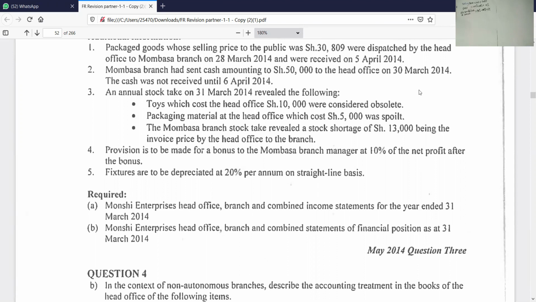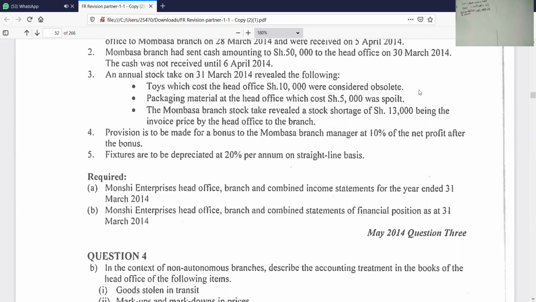So by the end of the financial year, they were on transit. Not the goods, but the cash. The first one was concerning goods. The second one now is cash in transit. By the end of the year, the cash had not been received by the intended party, which is the head office.